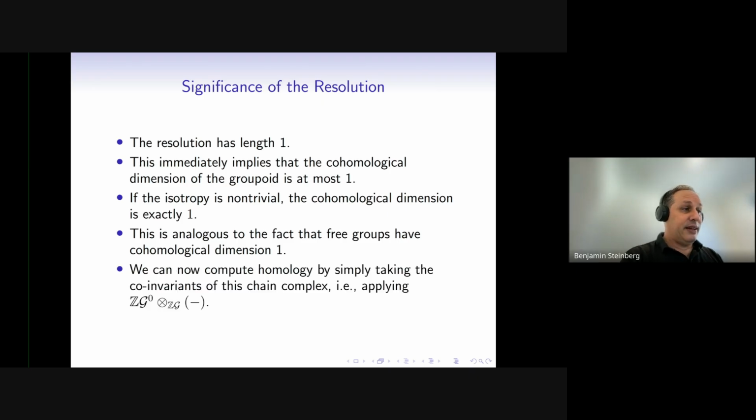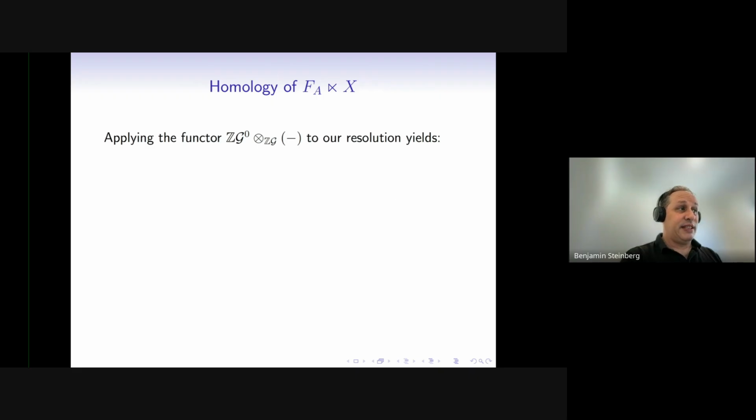And the other thing is with this chain complex, we can very easily compute the homology by taking the coinvariants. In other words, tensoring with the right trivial module. And so here's the homology of this groupoid. We just apply it to our resolution and we get that, first of all, the homology vanishes in degrees greater than or equal to 2.